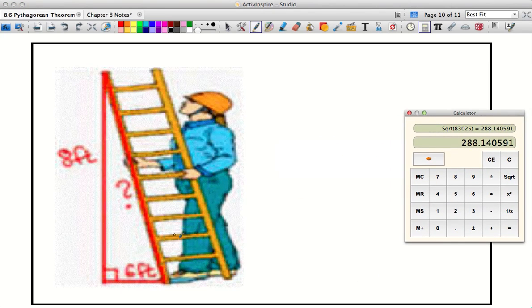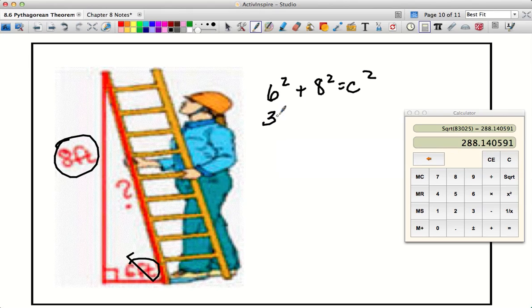Alright, so to find the incline, or the height of a ladder, if you have 6 feet and 8 feet, those are both the legs. So again, you have 6 squared plus 8 squared equals c squared. 36 plus 64 equals c squared.